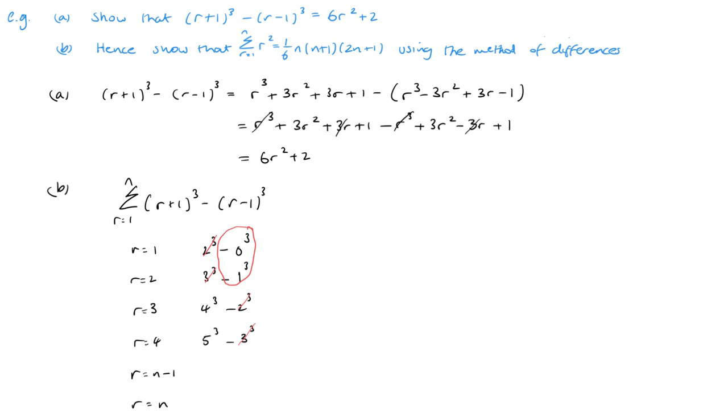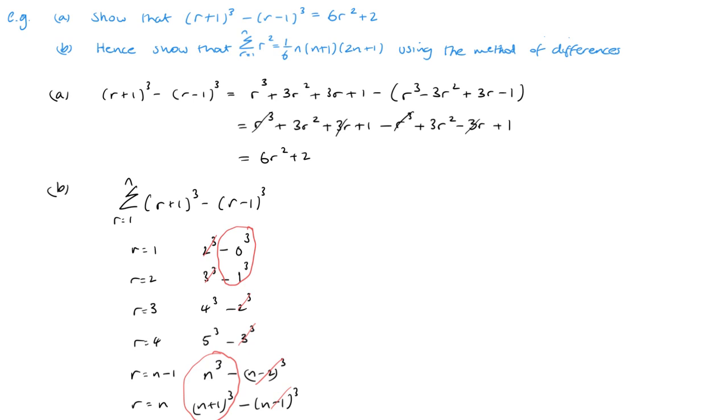So n minus 1 would give me n cubed minus (n minus 2) cubed, and then n will be (n plus 1) cubed minus (n minus 1) cubed. They'll all cancel all the way down, and it'll leave me with these 2 here.